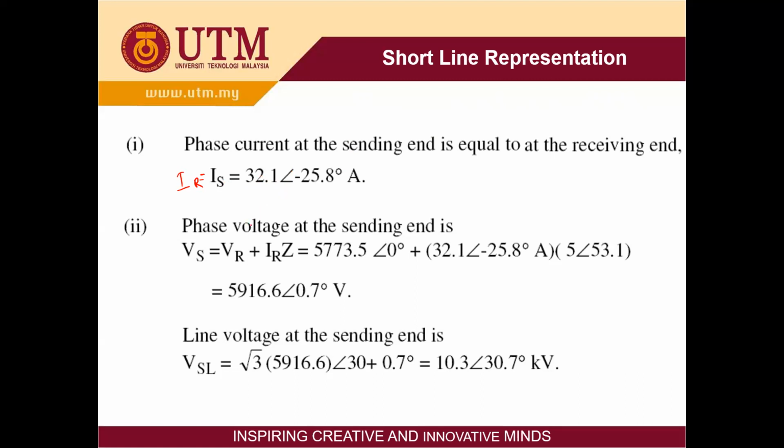To find the phase voltage at the sending end, you can always use this formula, and then you will receive the answer here. This is actually V phase. To get the value of V line, you need to multiply by square root 3 with an angle of 30 degrees, because we know the relationship between V line and V phase is square root 3 V phase with an angle of 30 degrees.